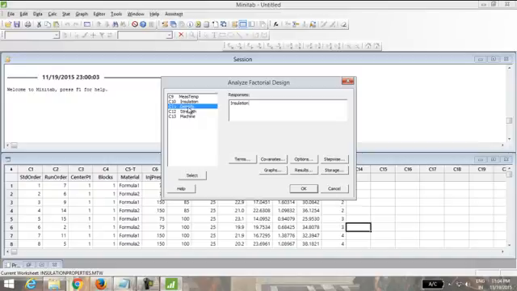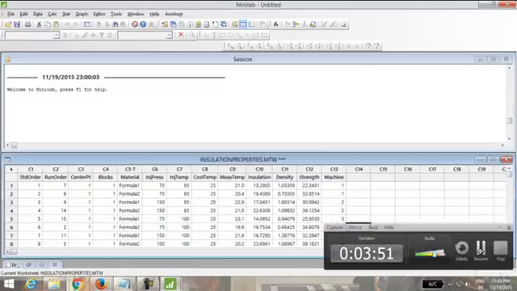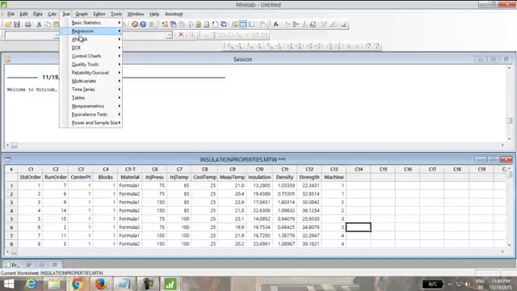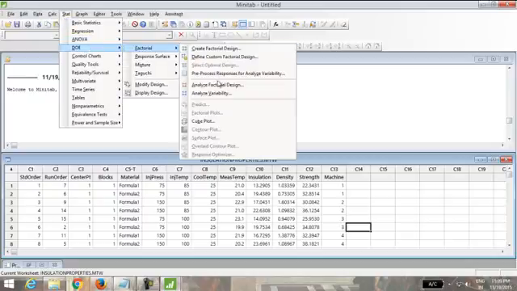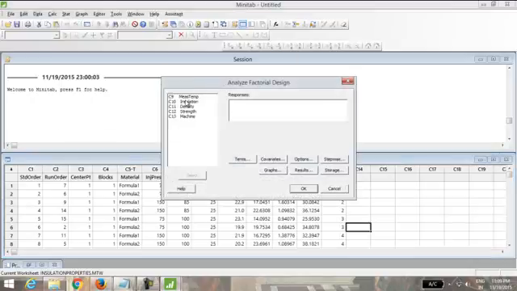So now we would move on to the analysis of this design. The responses we have to choose are insulation, density, and strength.